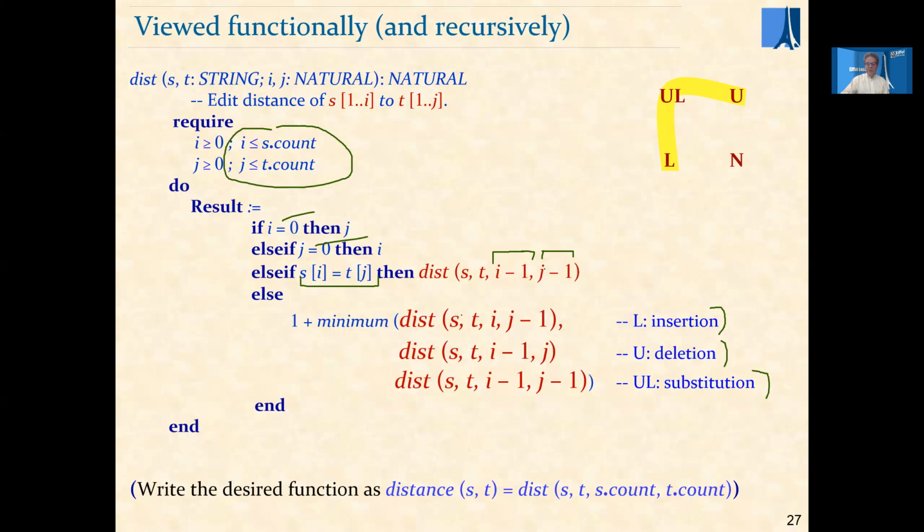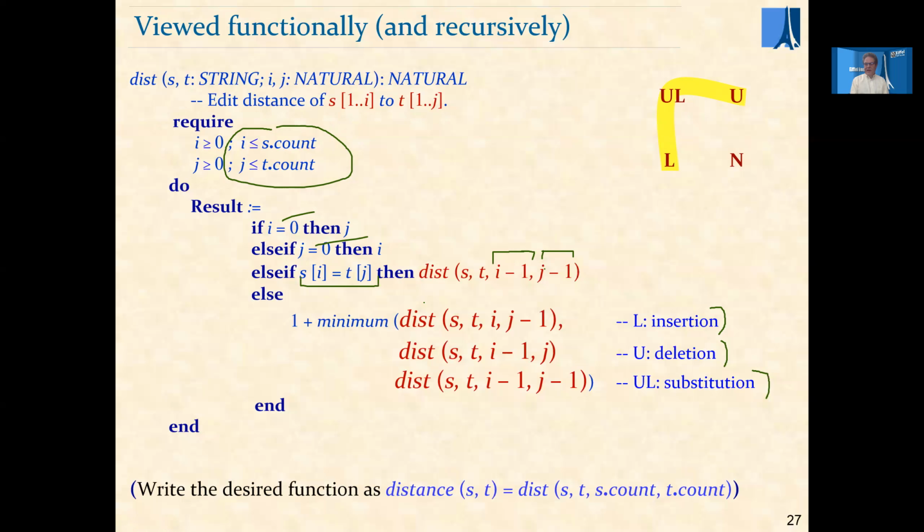And given the minimum of the 3 distances between those respective substrings, we are going to have one more of this minimum, depending on whether we get the minimum through an insertion, the first case, a deletion, the second case, or a substitution, the third case.